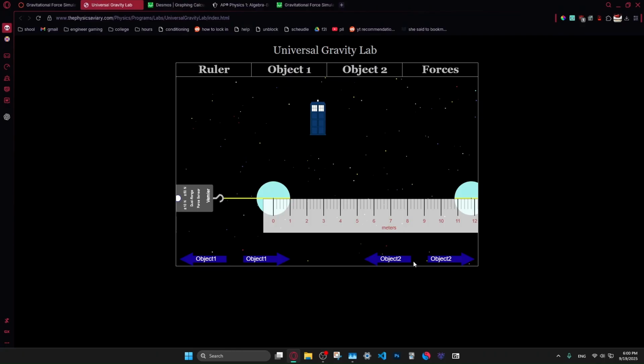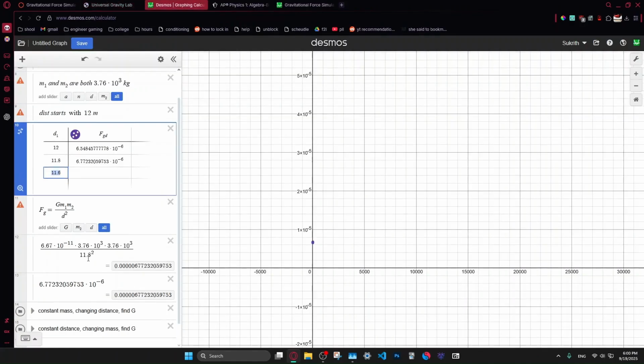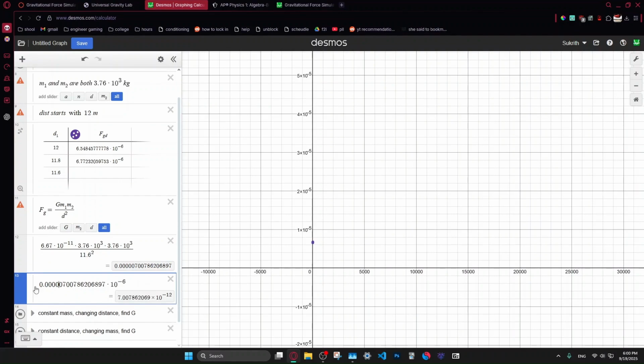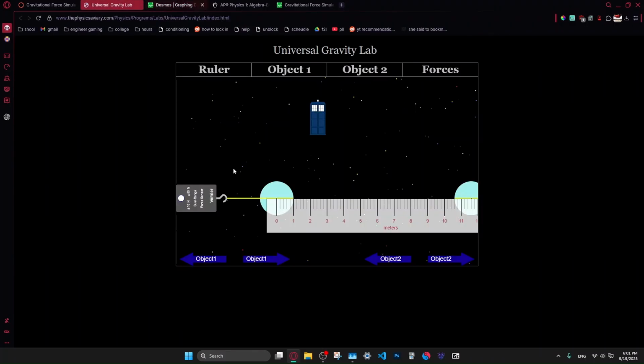Alright, we're going to do it for 11.6 now. Should be around 7 micronewtons or so. Look at that, 7 micronewtons. Next up, 11.4.